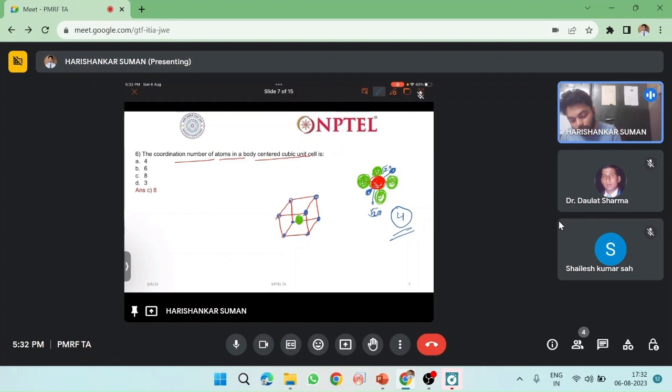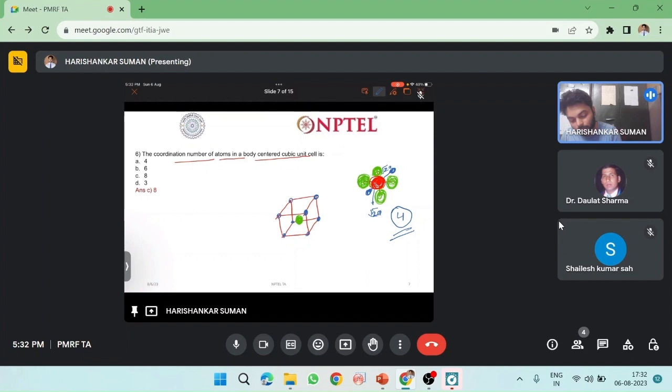Shailesh, is root 3a by 2 more or a? This is the value of root 3. So okay, a is more.